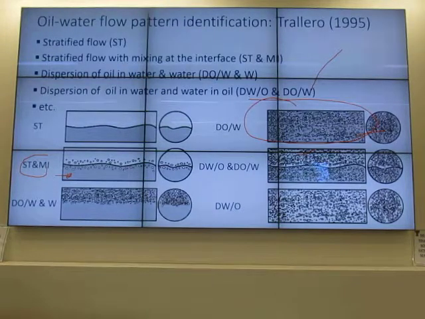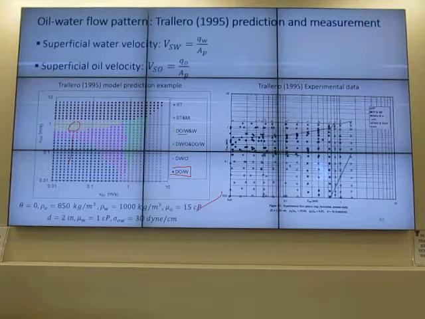If we flow water very quickly. Okay, so Trallero proved that the prediction matches their measurement. Okay, so we can trust it.